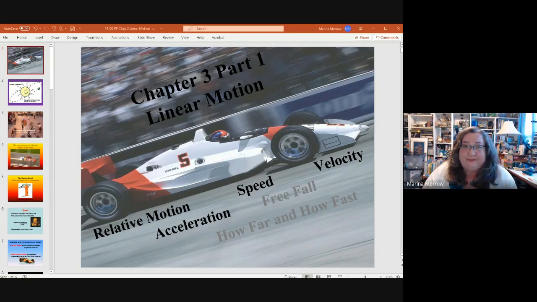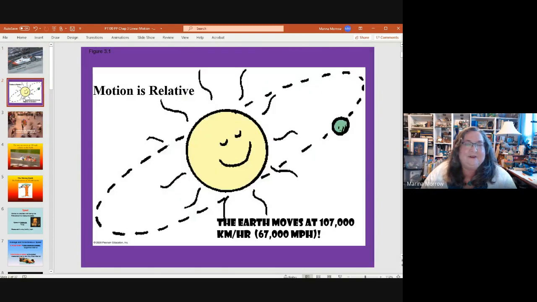Okay, so what is relative motion? It sounds a lot like relativity. And in fact, with relativity, what Einstein was talking about was the idea that there is no center to the universe that you can measure things from.